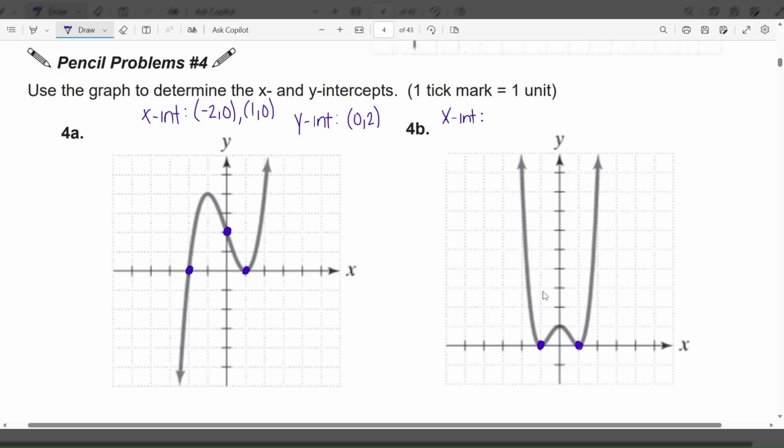So those points are (-1, 0) and (1, 0). And now our y-intercept, where it crosses the y-axis, at (0, 1).